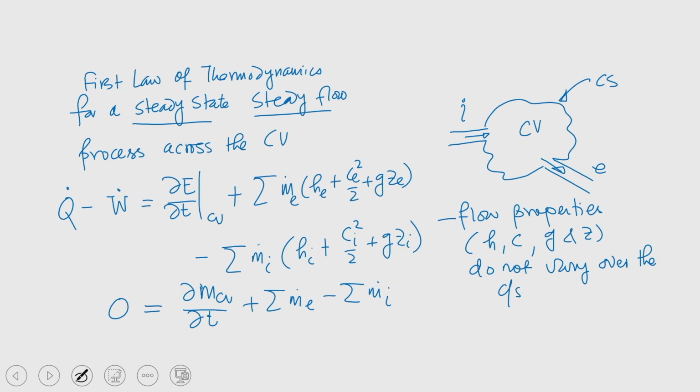Now if we apply these equations for the steady state steady flow process across the control volume, say if we start with the mass balance equation, this is mass balance and this is energy balance.